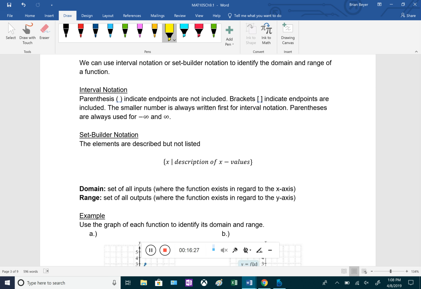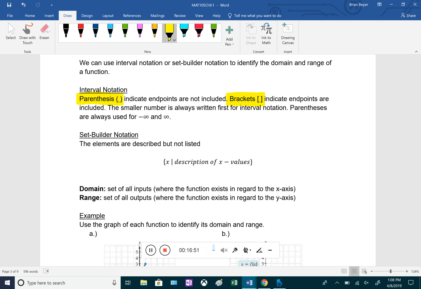So we're going to be using parentheses, or we're going to be using brackets. So parentheses are going to indicate endpoints when they are not included, and brackets are going to indicate endpoints when they are included. So for interval notation, we always have to write the smaller number first, and parentheses are always used when we have a negative or positive infinity.